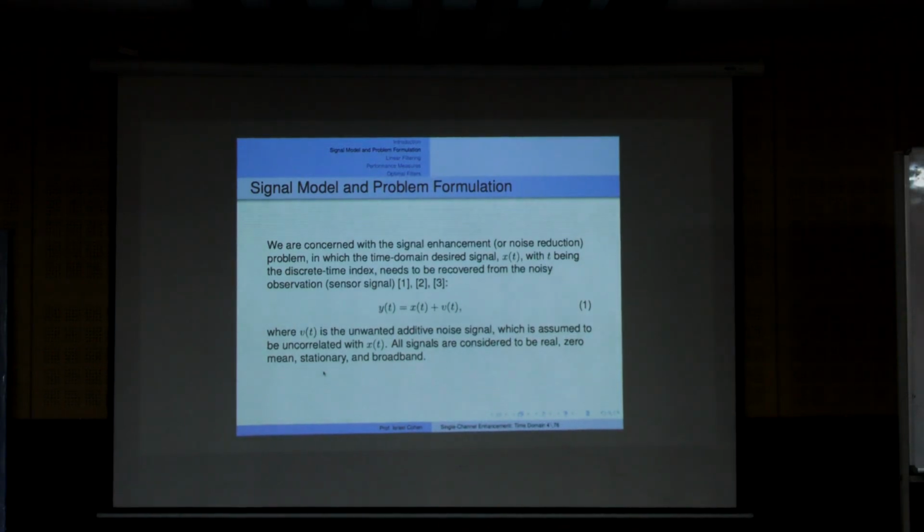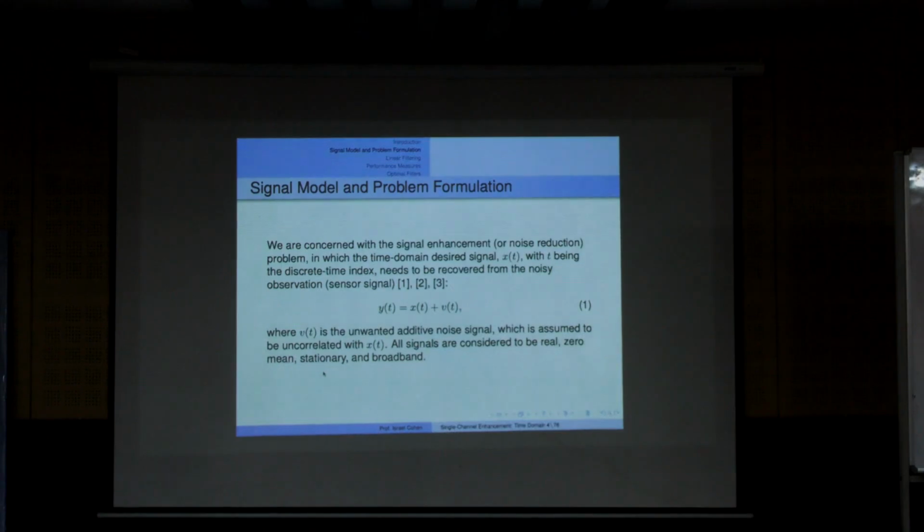It's not continuous. So we have a sampled signal. And we want to estimate a sample of the desired source. If I ask you something like that, you will not be able to estimate because you need more information. You need some information in order to estimate x(t) out of this measurement.